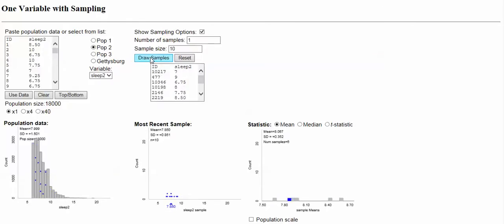So a lot of the sample means will end up being low. And the sample means will end up forming a skewed shape just like the population. You'll eventually see it, but not quite yet.